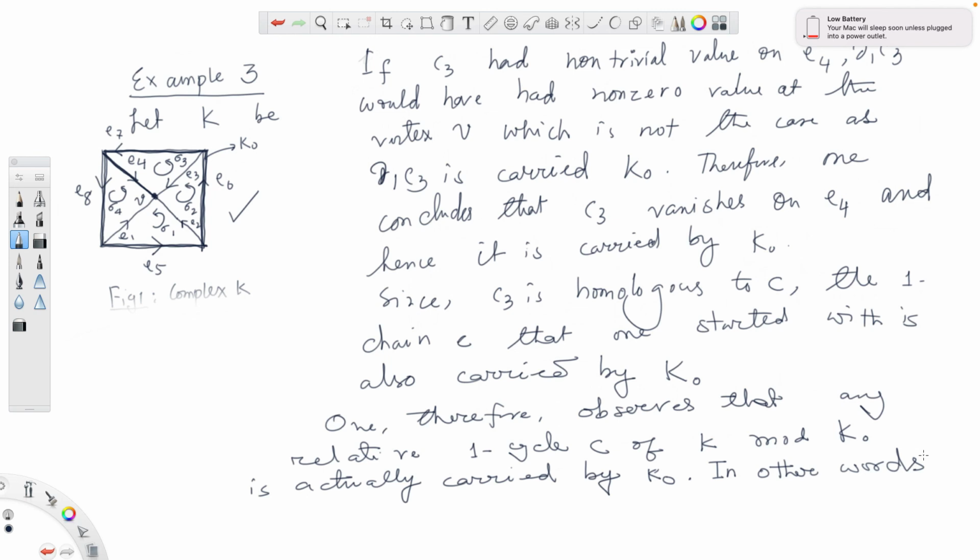What does it prove? In other words, Z1 of K comma K0 is trivial.